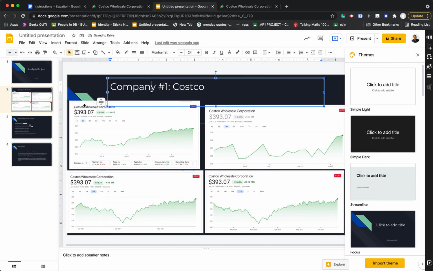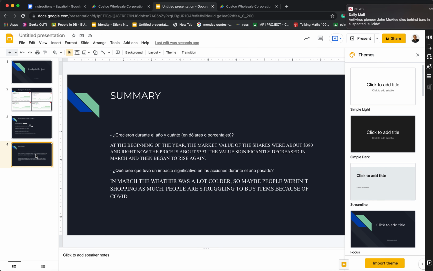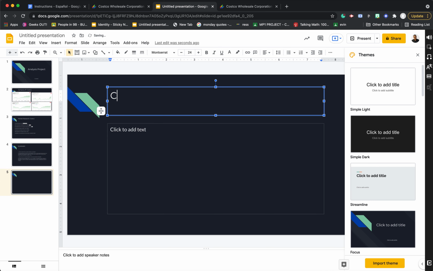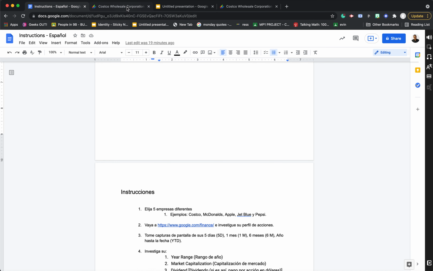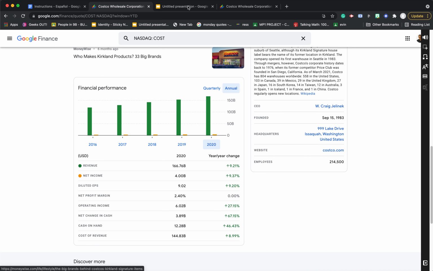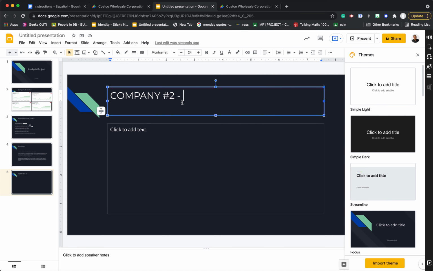So this was for company number 1. And then that's what you have to do for all 5 of the companies. So you're going to repeat the process for company number 2, which I think was, I look back here, company number 2 was McDonald's. And then you're going to give us the graphs and screenshots for McDonald's.